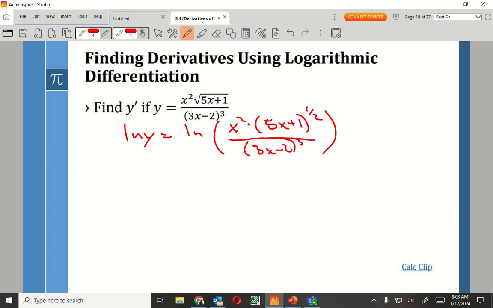What is the derivative of ln y? What's the derivative of ln x? 1 over x. So what's the derivative of ln y? 1 over y.